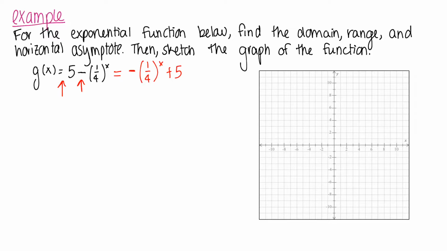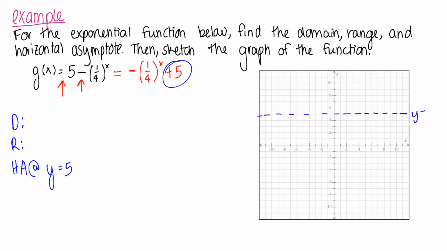So right away we can pull out domain, range. The horizontal asymptote is going to be at this vertical shift, so it's at y equals 5. The domain is negative infinity to infinity.